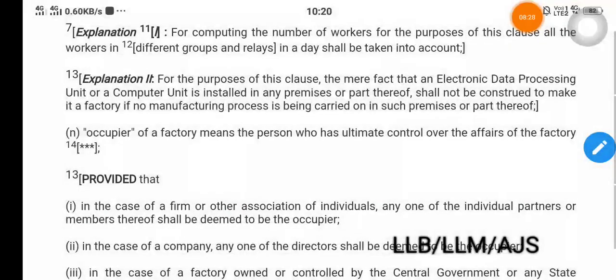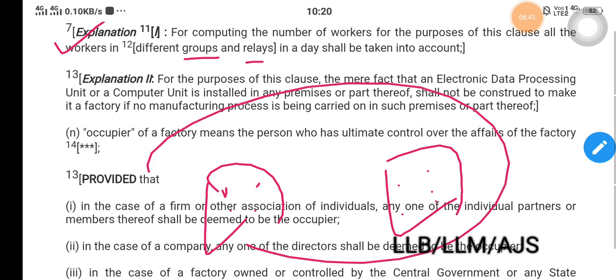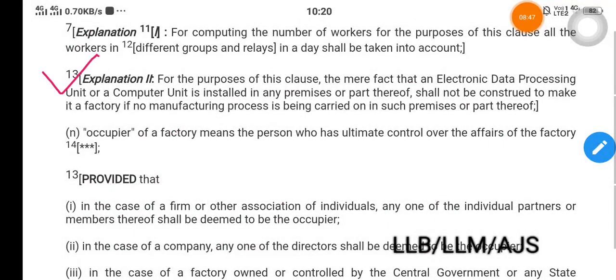Then comes the explanation. For computing the number of workers for the purpose of this clause, all the workers in different groups and relays in a day shall be taken into account. Explanation 2.